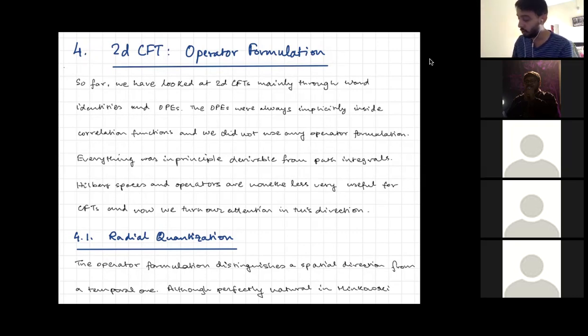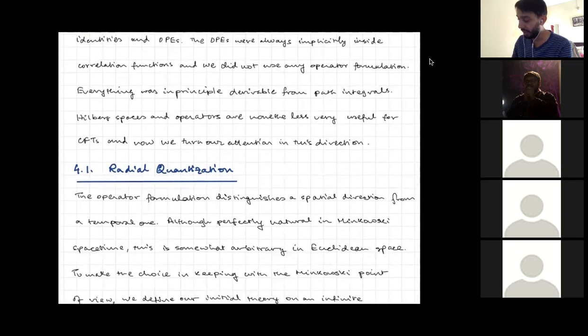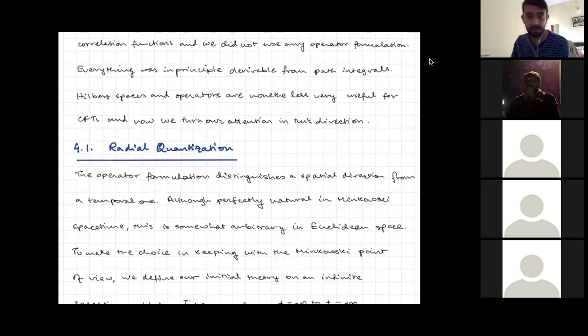And now what we are going to do is turn our attention to this. So first off, we want to understand what radial quantization is. The first thing that we have to do is that, whenever you speak of an operator formulation, this is going to distinguish the time direction from a space direction.